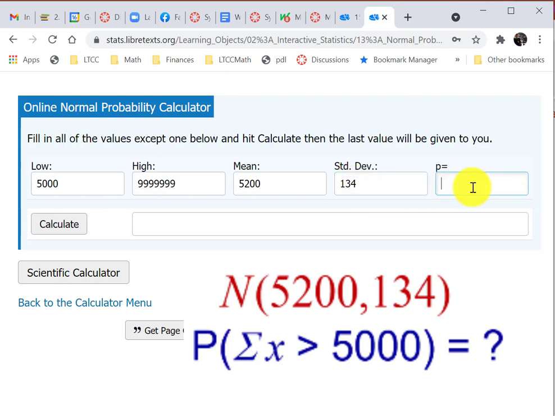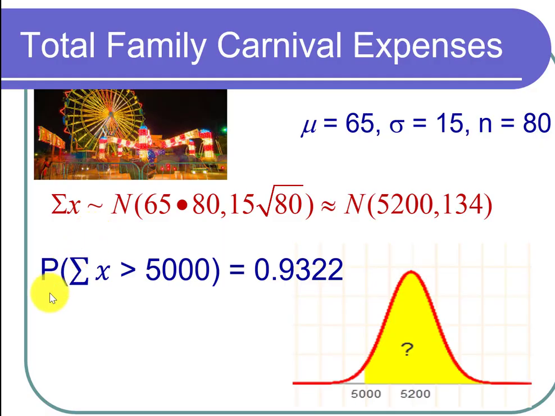And we want the probability, so we leave that blank. And I hit calculate. And there we have it. The probability is 0.93222, etc. So let's go back to the question and answer it. We can conclude that the probability that the total sales for those 80 families, the summation of x, will be greater than $5,000 is about equal to 0.9322, or about a 93% chance.